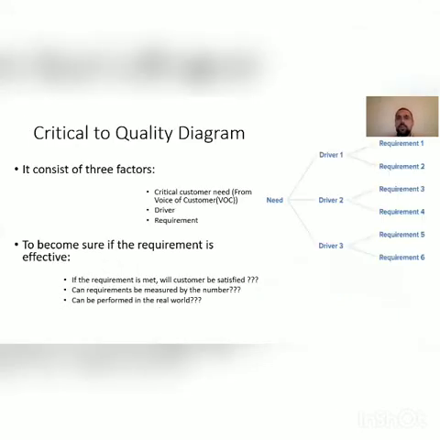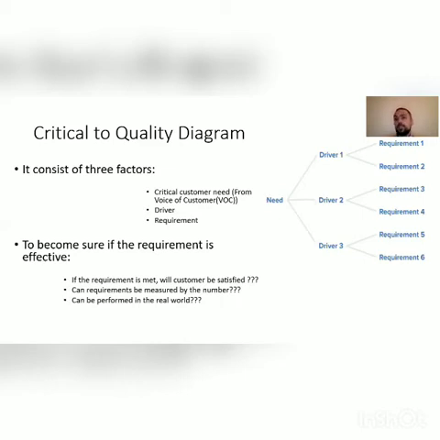Now, please pay attention that in the critical to quality diagram, we have three parts: need, driver, requirement. Usually the need is prepared by the voice of the customer, according to the need of the customer.